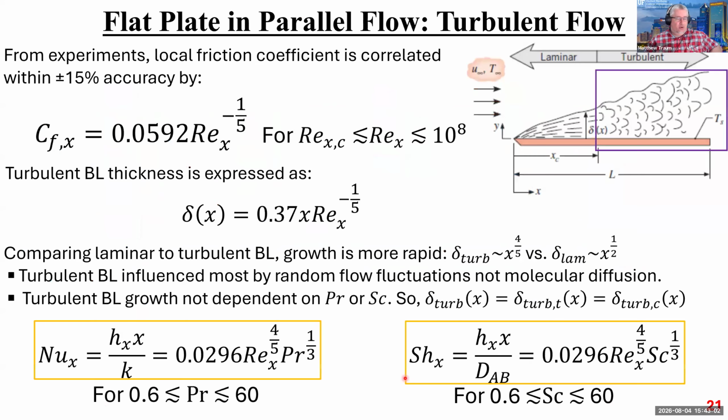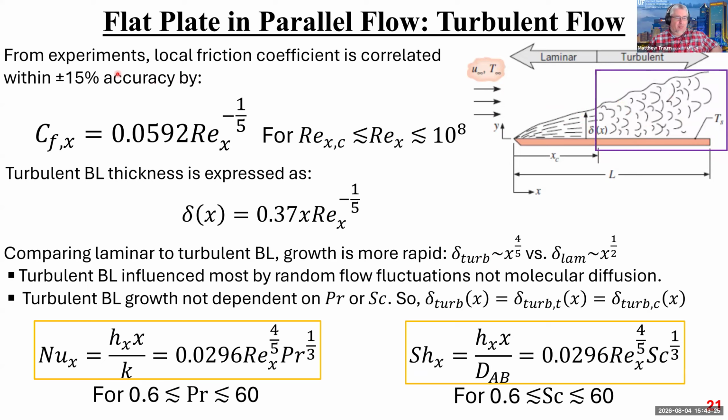There is no closed form analytical solution analogous to the Blasius equations for turbulent flow. Everything that has to do with turbulent flow is all done empirically, all by experiment. So same geometry as before, except now I've got my turbulent boundary layer portion boxed, and that's where we're going to focus.